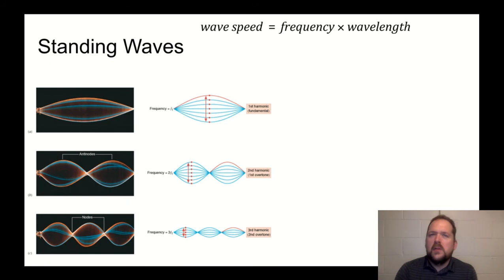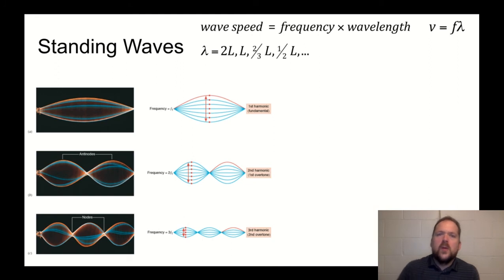Recall that wave speed is the product of frequency times wavelength, and we can write it shorthand, v equals f times lambda. What are the wavelengths that go along with these standing wave patterns? Well, if you look at this first fundamental one, if you follow the string up to a maximum position and then back down to the node, you might recognize that you've only completed 1/2 of a complete wave cycle.